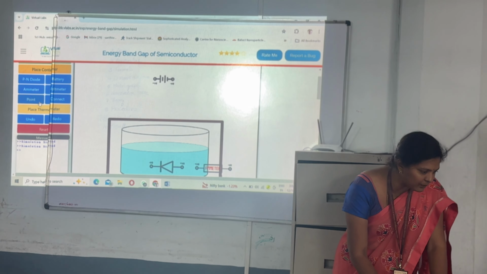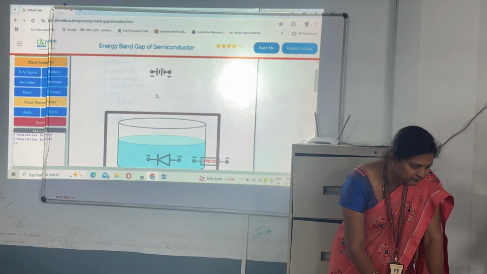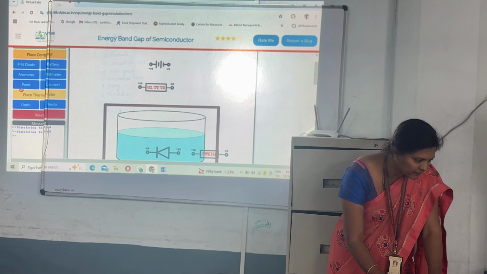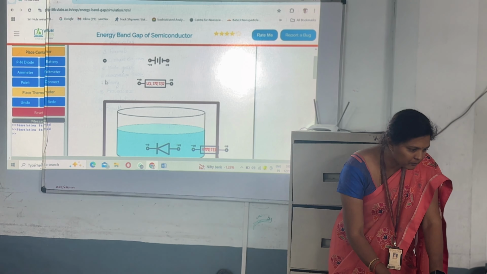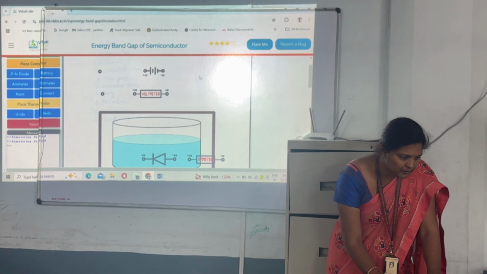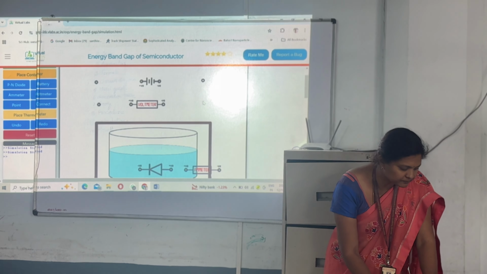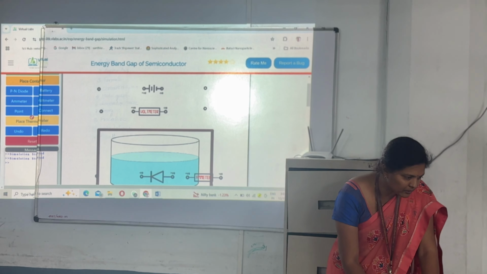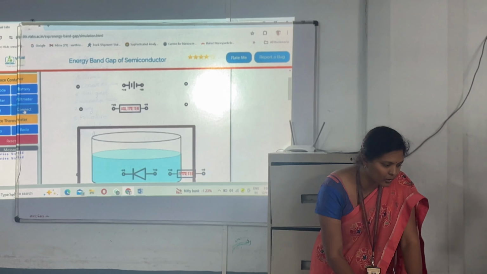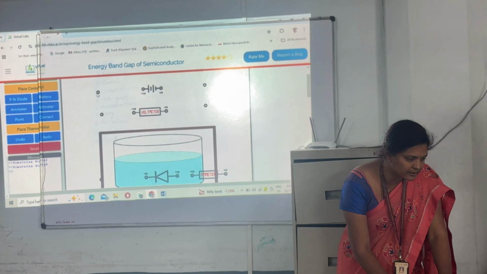And also we need a voltmeter. So now let us connect the circuit. If you use this connect option, you are able to connect the circuit.